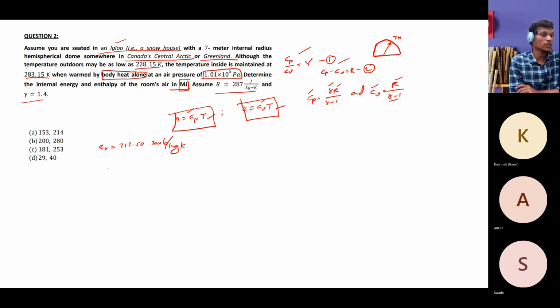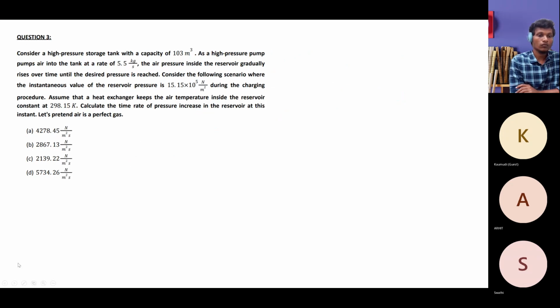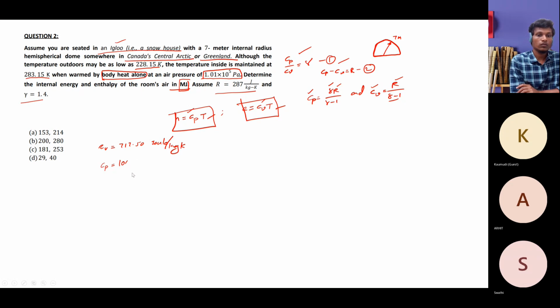And Cp equals 1004.50 joule per kg Kelvin. If you write it in kilojoules per kg Kelvin, Cv is 0.717 and Cp is 1.004. Is it 1.004?